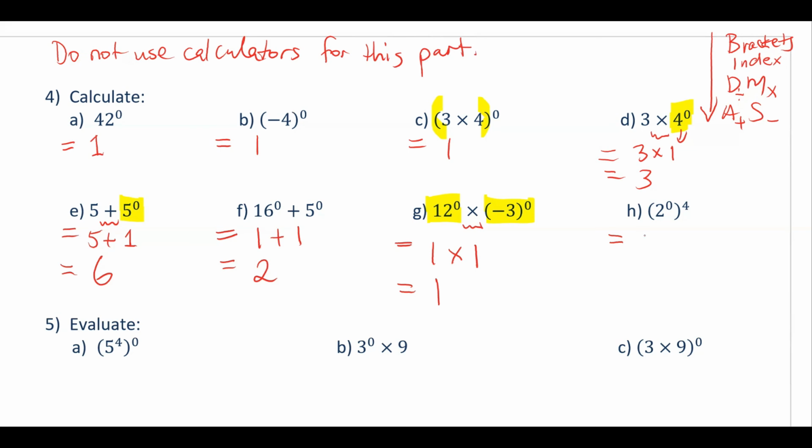Okay, for 4H, now we're going to be doing whatever is in the bracket first because bracket has the highest priority in our order of operations. So 2 to the power of 0 is 1, and we are raising it to a power of 4. Now, 1 to the power of 4 is just saying 1 times itself 4 times, and that's going to give you just 1.